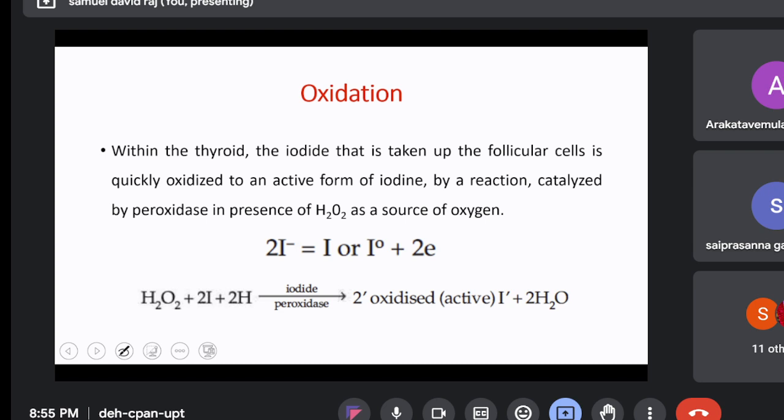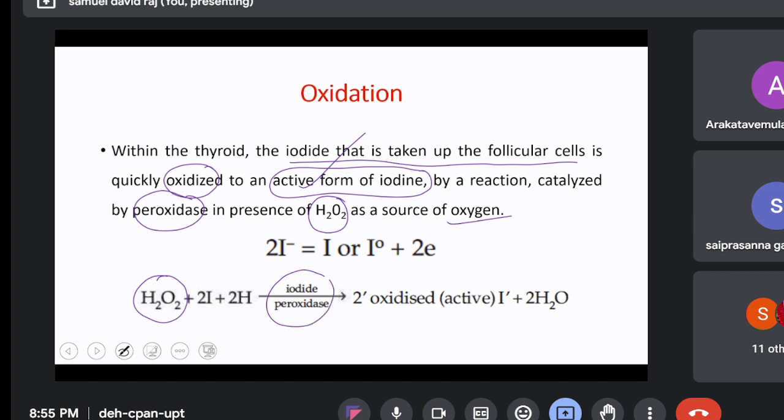Within the thyroid, the iodide taken up by the follicular cells is oxidized to form the molecular form of iodine, which is the active form. This is catalyzed by peroxidase in the presence of hydrogen peroxide, which supplies the oxygen. Thus, in the presence of hydrogen peroxide, the peroxidase transforms the iodide into molecular, oxidized iodine.